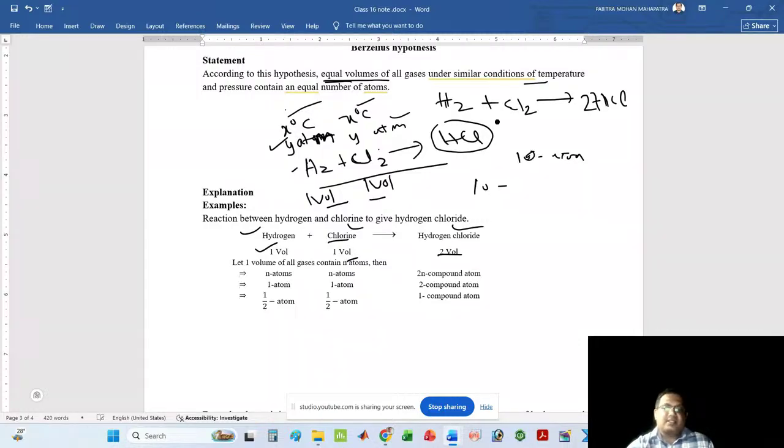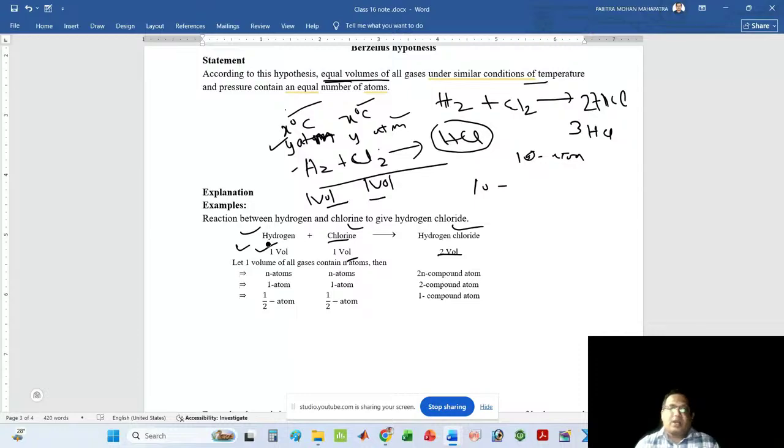As for the balancing, you can write such a thing. Suppose 3 HCl is found, then you can write 3 volumes. Suppose 5 H2 is used, you will write 5 volumes. Suppose 2 Cl2 is given, you can write 2 volumes. After balancing, you can clearly write the volume.